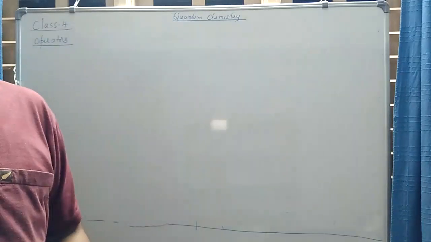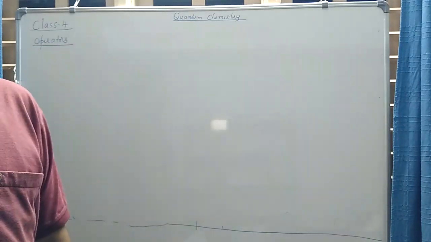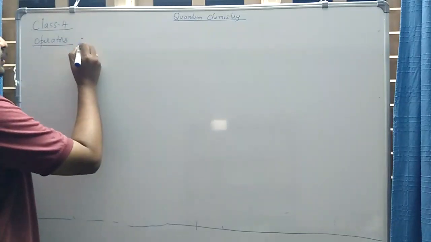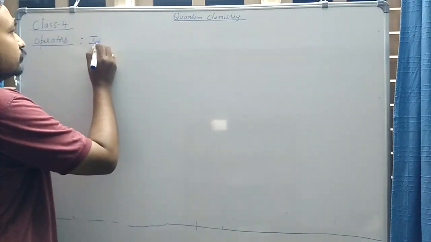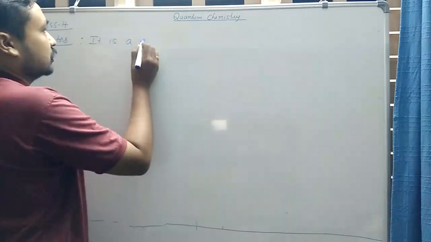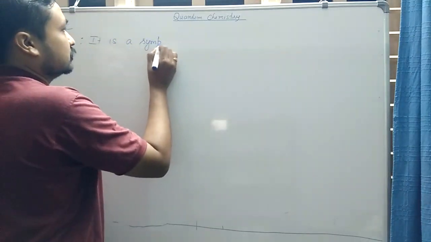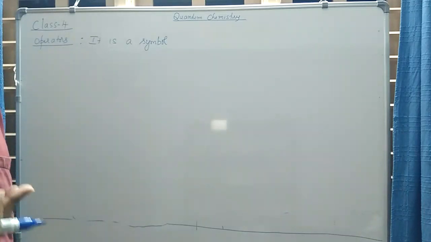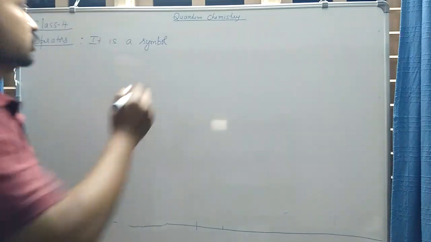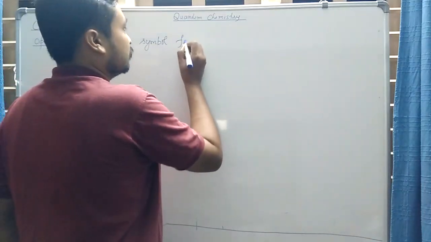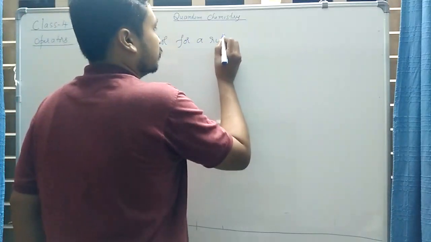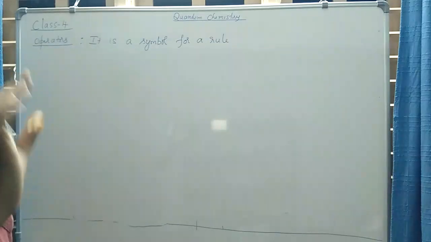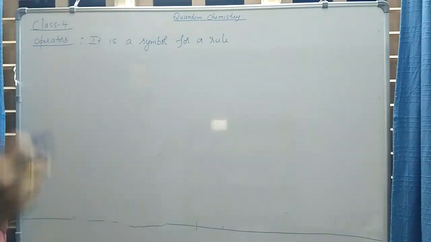So first, let us define what an operator is. An operator is a symbol. It is a symbol for a rule. So an operator is just a symbol representing a rule. And what is that rule?